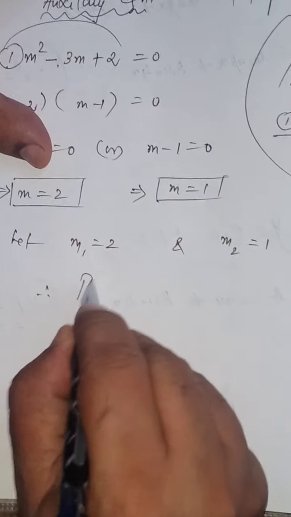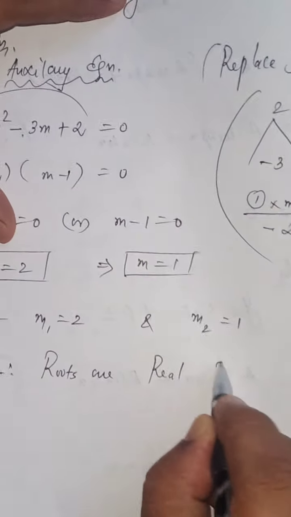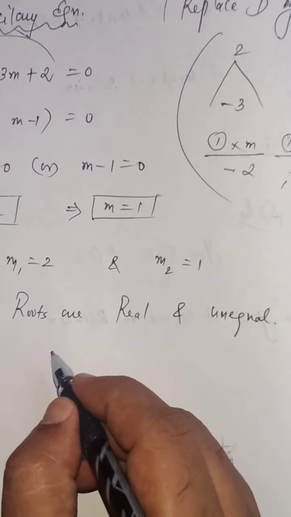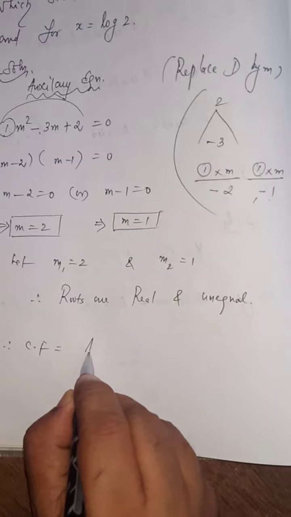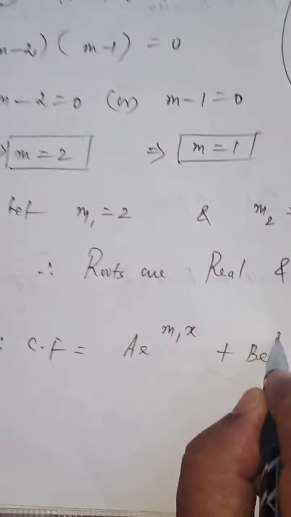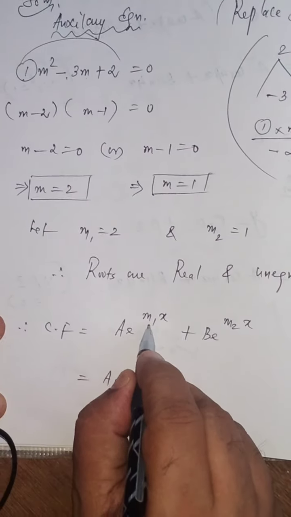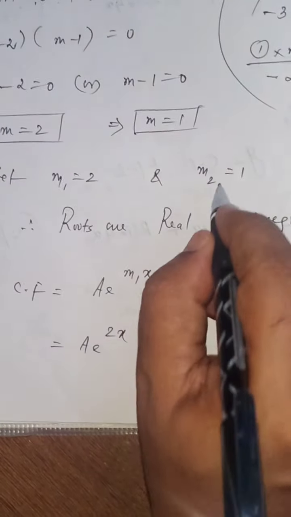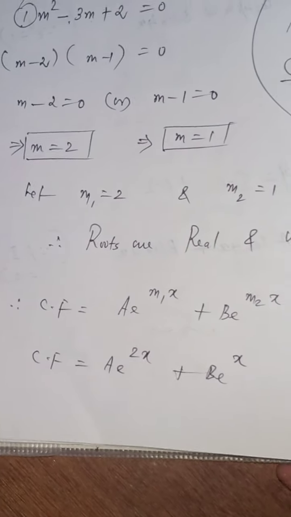Therefore, the roots are real and unequal. Therefore, the complementary function equals a into e power m1 x plus b into e power m2 x, that is, a e power 2x plus b e power 1x. This is the complementary function.